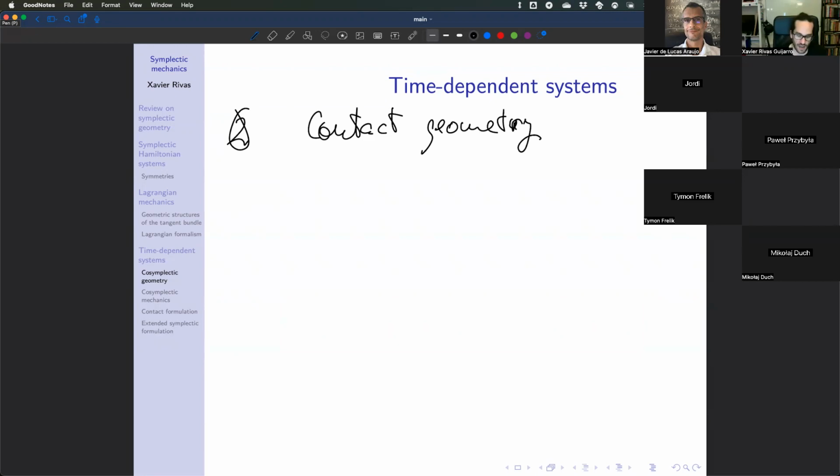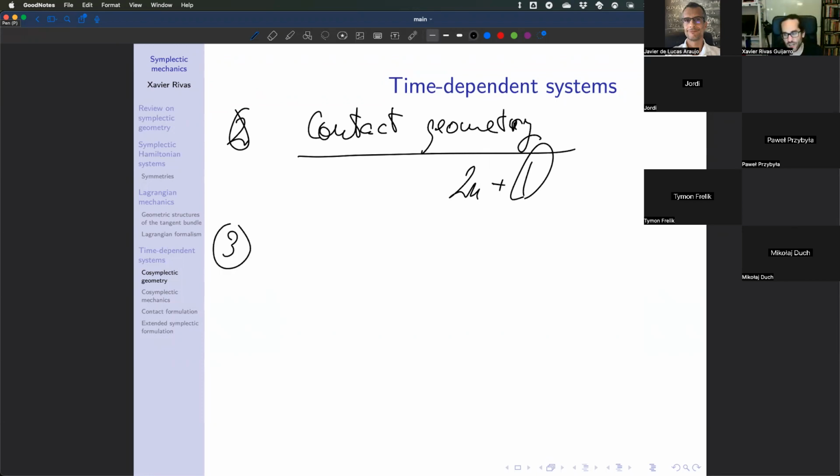Because in contact manifolds you always have 2n+1 dimensions, you can use the additional coordinate as a time and build a formalism using contact manifolds to describe time-dependent systems, but not with the dissipation you usually associate with contact, only with time dependence.